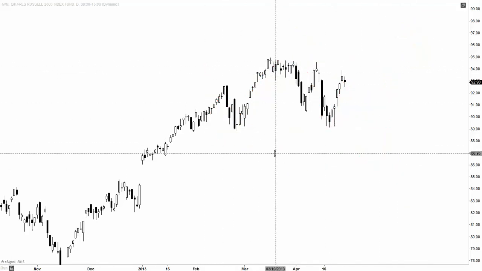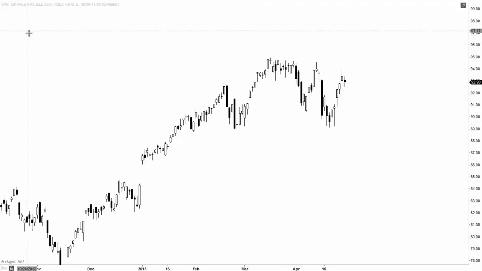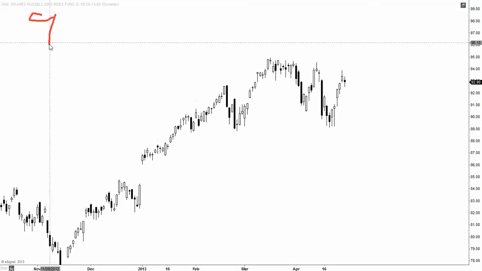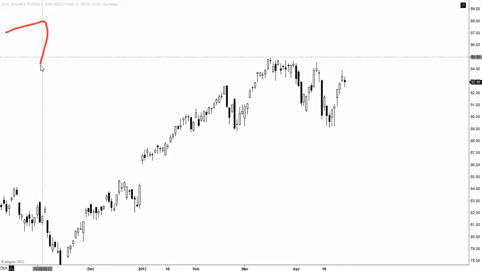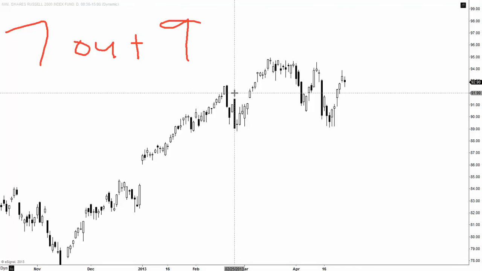So remember the numbers that I said before? We looked at 9 formations, and how many of them really played out? 7 out of 9 played out, looking at 13 years of data.